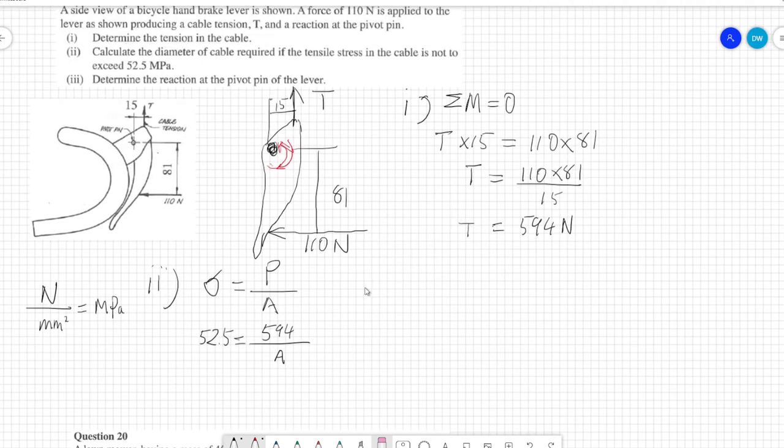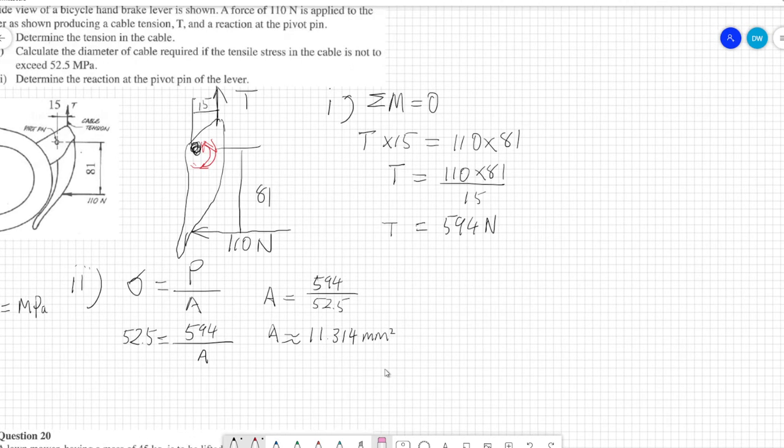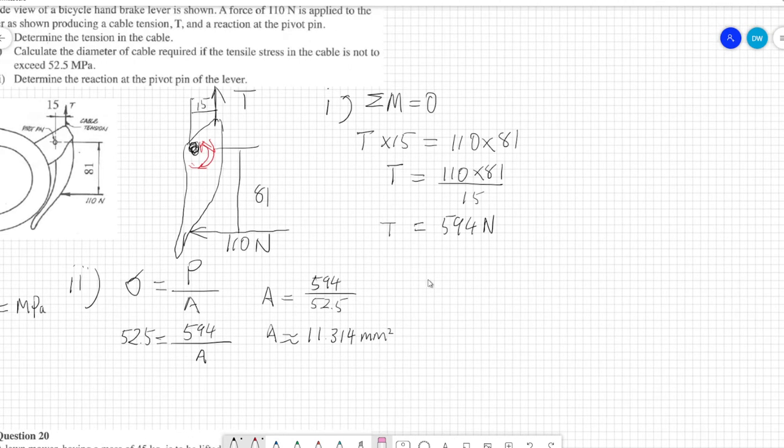So we solve for A. A should be 594 over 52.5, so A should be approximately 11.315 square millimeters. Alright, so this is the area, and from the area we're gonna find the diameter. A equals pi r squared, which means 11.314 equals pi r squared.